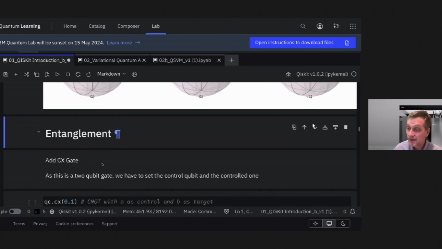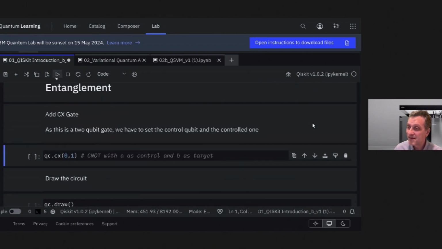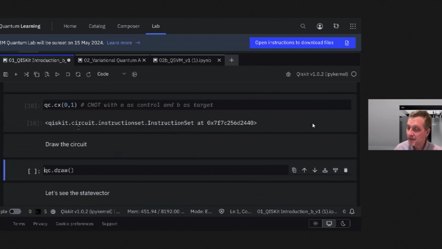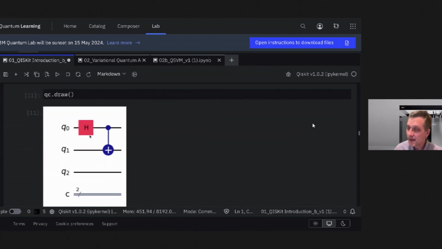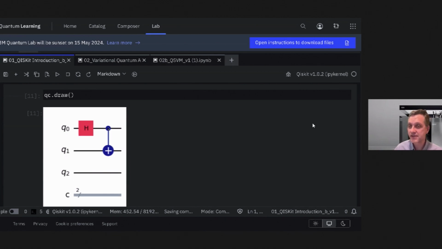The next property, which is really more complicated to explain, is entanglement, the property that gives quantum computers their greater capability. Using something we call a C-NOT, which is a NOT gate controlled by this qubit, the gate flips the lower qubit if the top one is a 1 and does nothing if it is a 0.